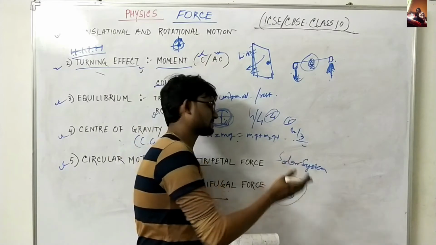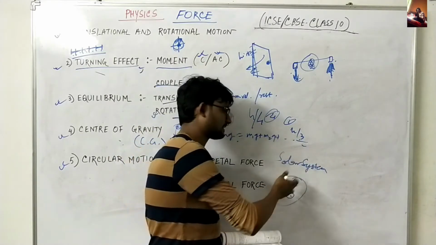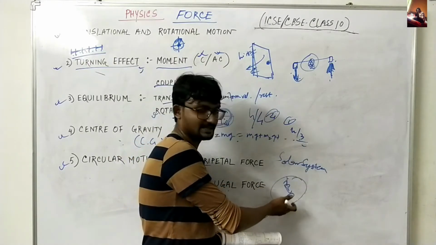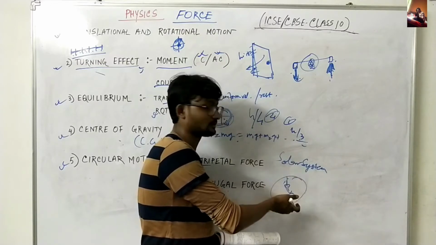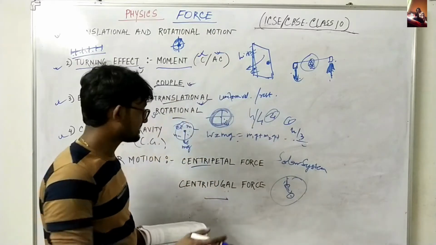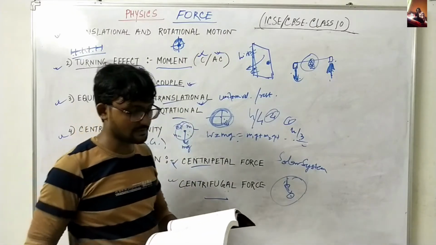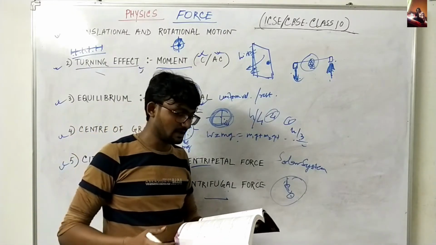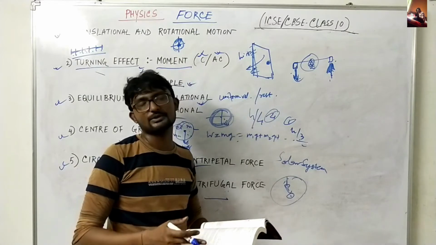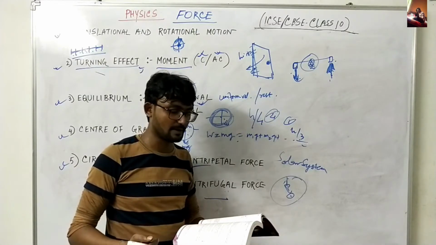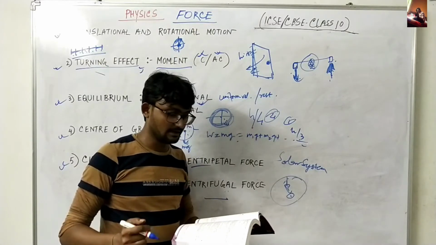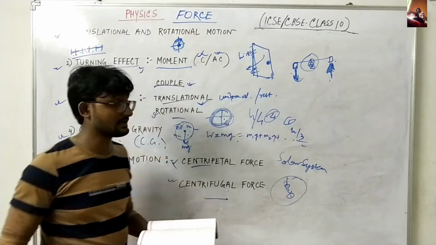The sun is pulling the earth, so obviously the earth will also pull the sun. This is nothing but the centripetal and the centrifugal force. Centripetal force is the force that acts on an object moving in a uniform circular path. It always acts along the radius, directed towards the center of the circle.